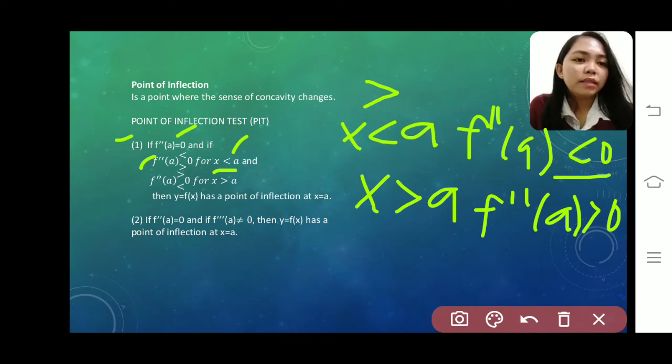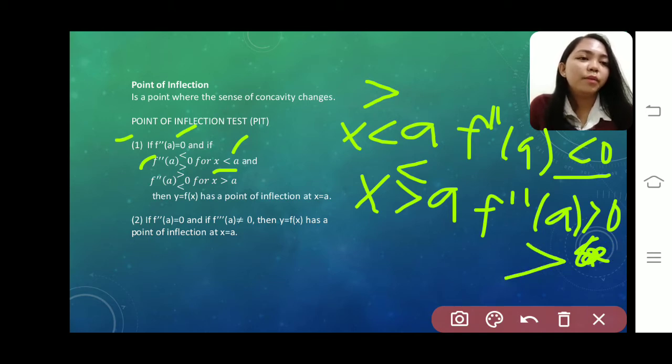Dapat daw, pag sinelect mo naman is x less than a, dapat maging less than naman yung, maging greater than naman yung sagot nung f double prime of a mo. So, dapat, ang point lang dito is mag-interchange yung sign.